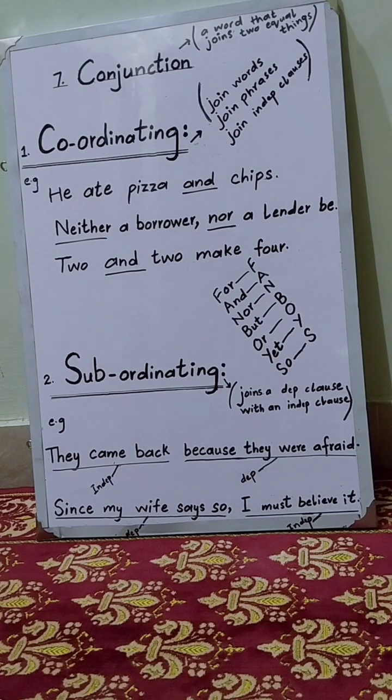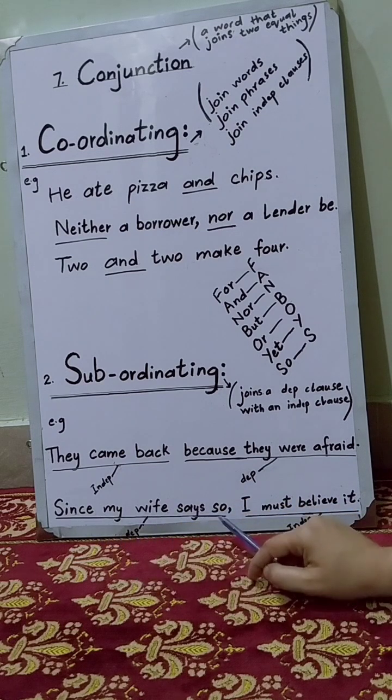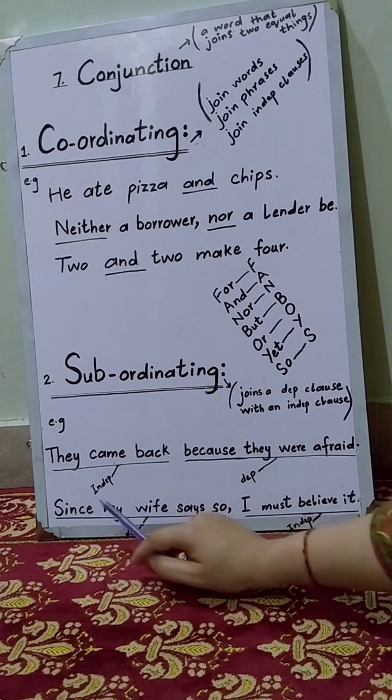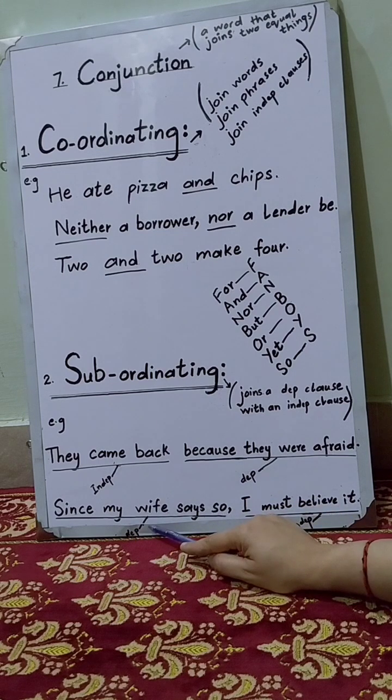Let's go through one last example. Since my wife says so, I must believe it. In this example, since my wife says so is a dependent clause because it doesn't make sense on its own. We require more context in order to understand what the clause is talking about.